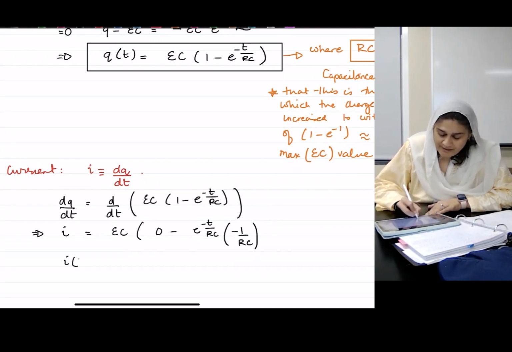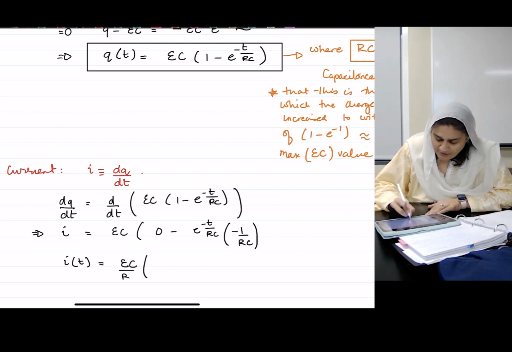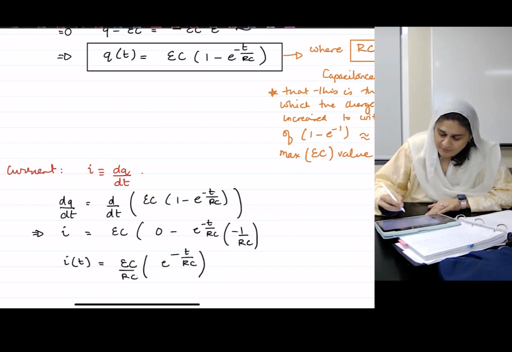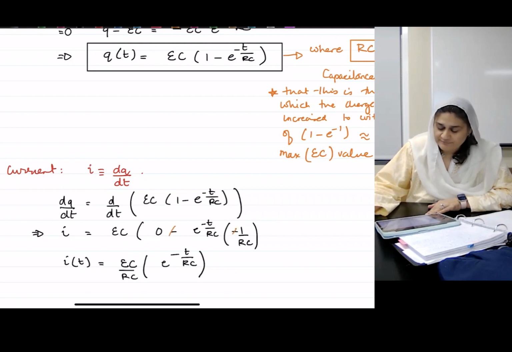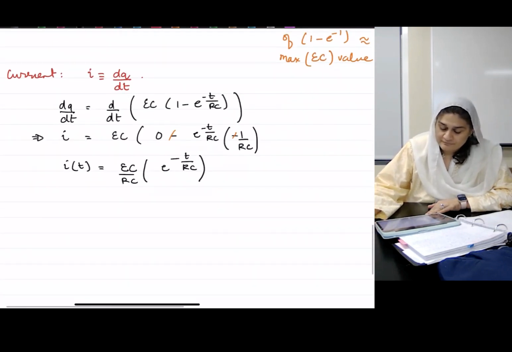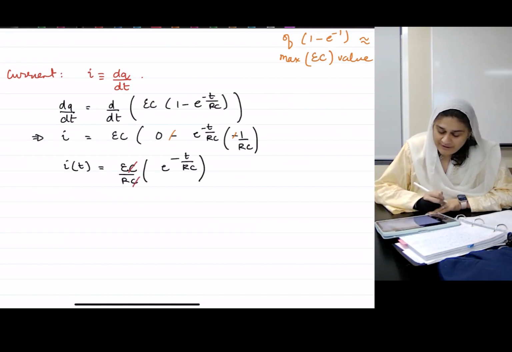Or I as a function of t will just be EC over RC e to the minus t over RC, where these two will get canceled, and these two will get canceled.